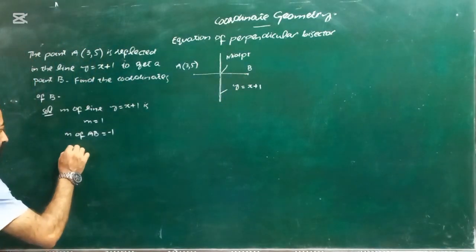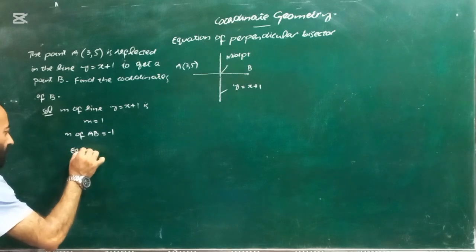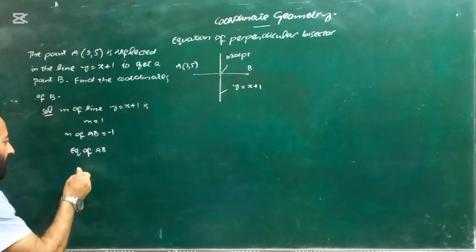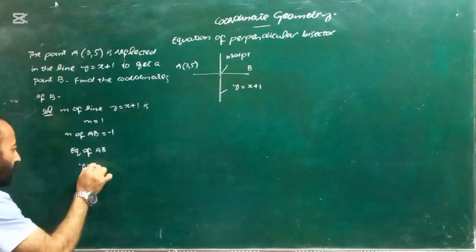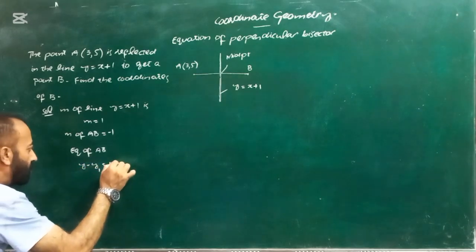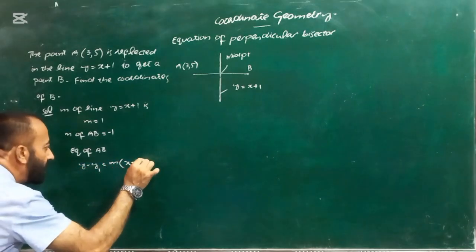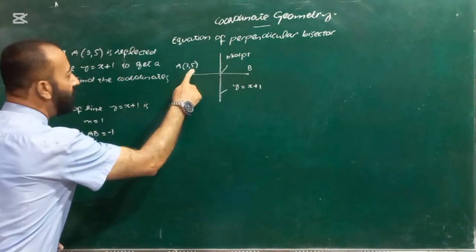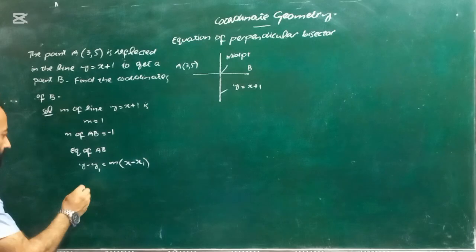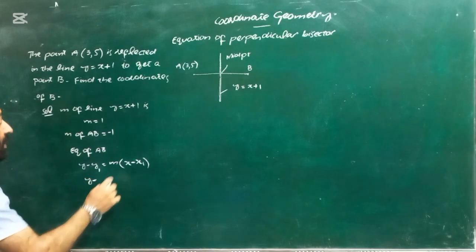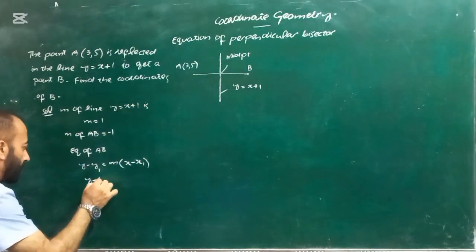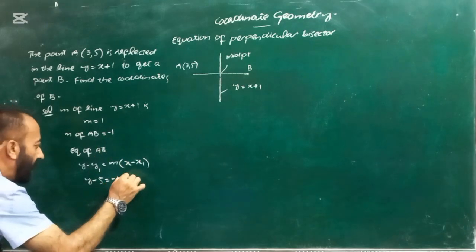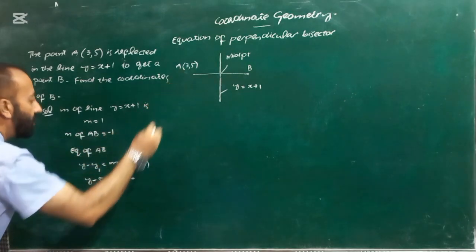So the equation of AB: the formula used is y minus y1 equals m into (x minus x1). This is the point (x1, y1) and the gradient is -1. So y minus 5 equals -1 into (x minus 3).